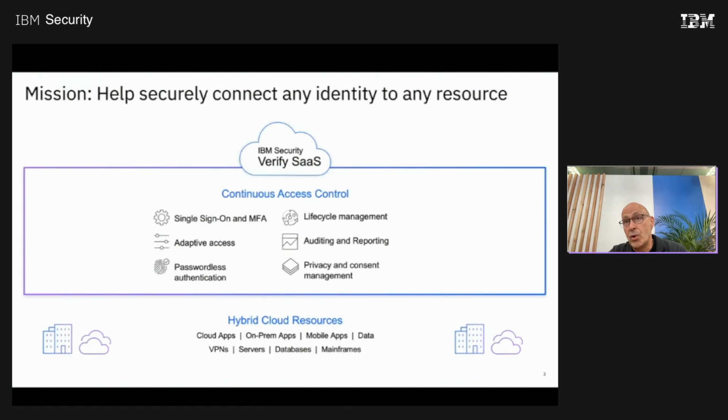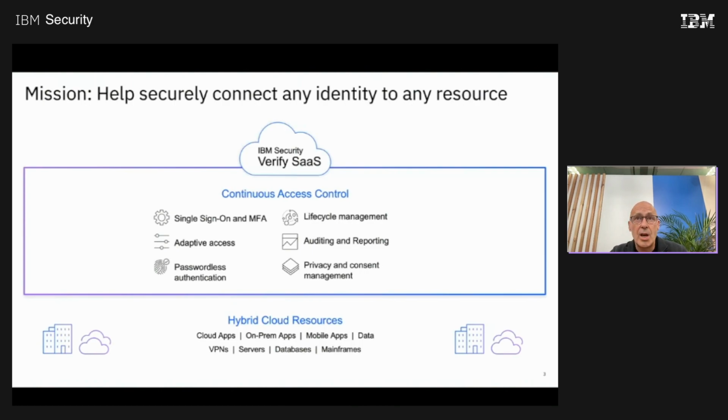But the same platform, with the same user interface, can also do identity governance and administration. So it can do lifecycle management, create accounts, either for your SaaS applications, but also for your on-prem applications. There are quite a lot of standard reports in the product.